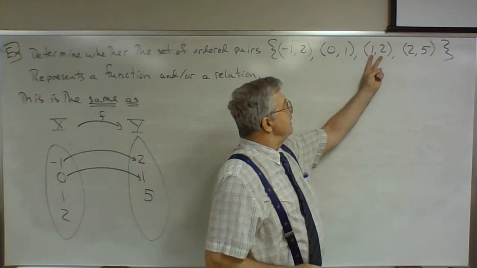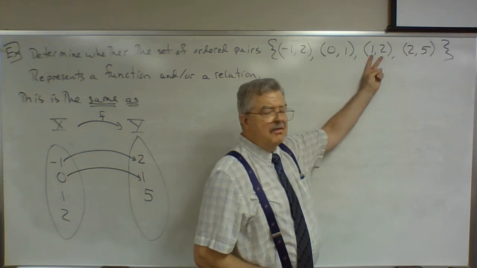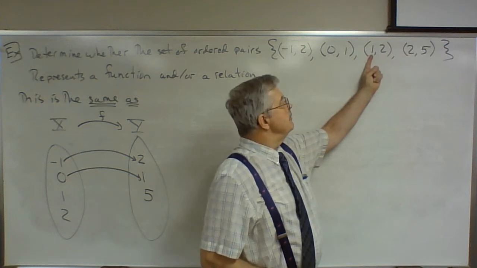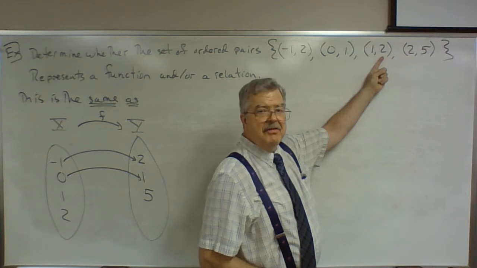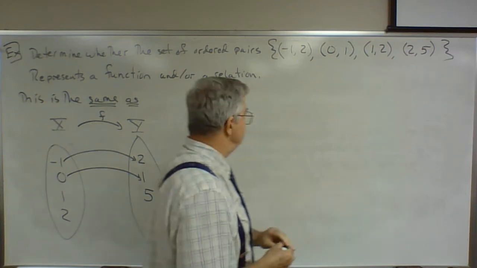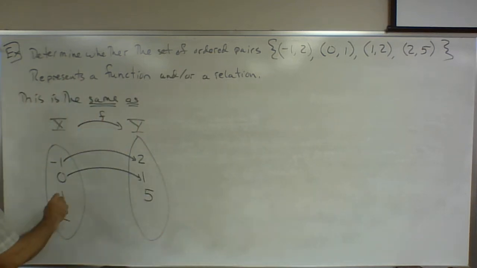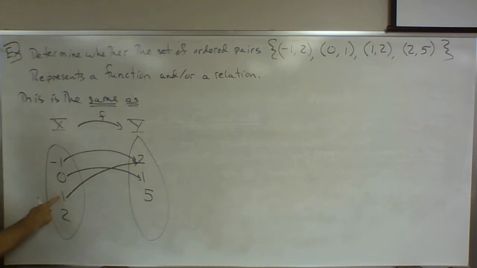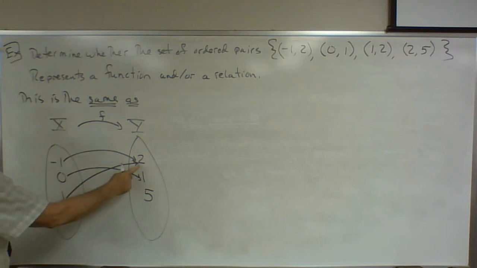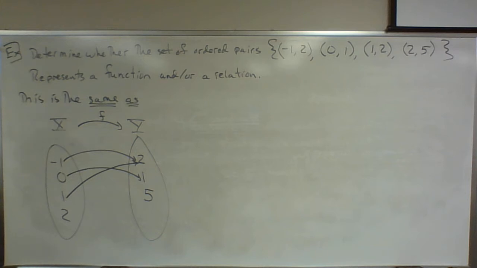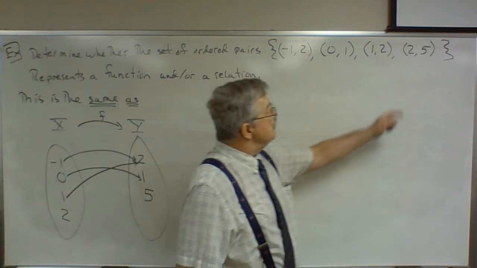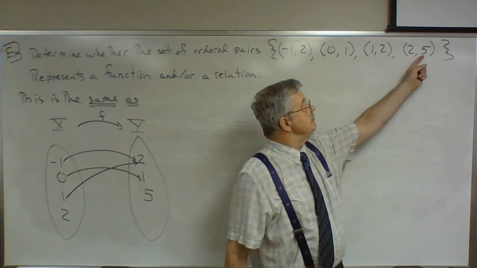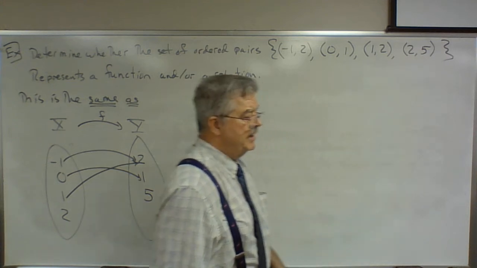And this tells us that the element 1 in the domain is assigned the element 2 in the range. No problems here. And the element 2 in the domain is assigned the element 5 in the range.